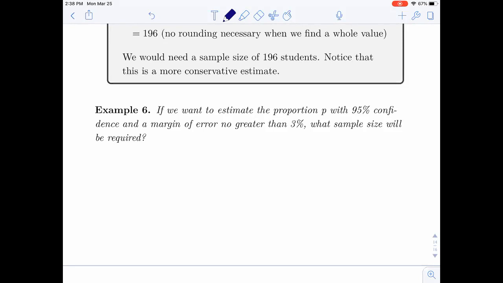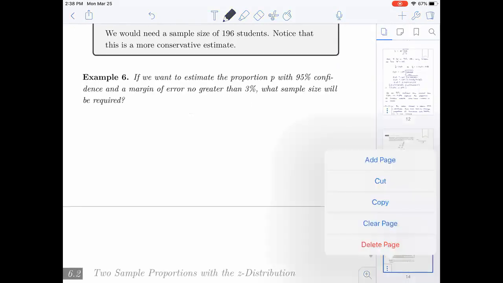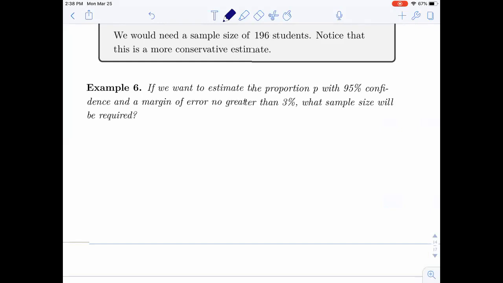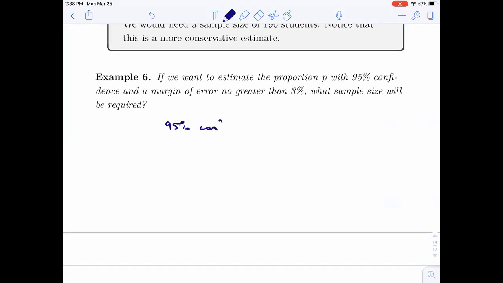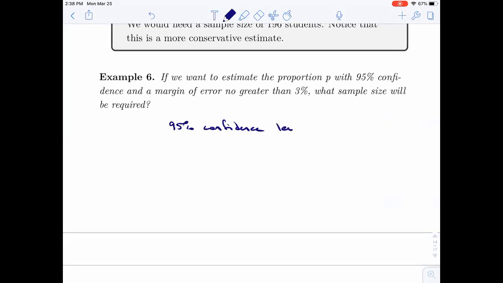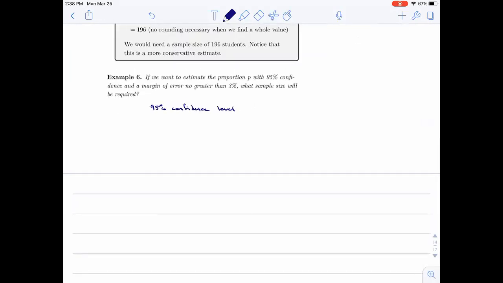Here, we're not pretending to have any preliminary data. And so we want a 95% confidence level, which means that Z star is 1.960.